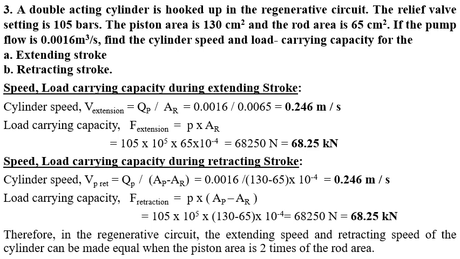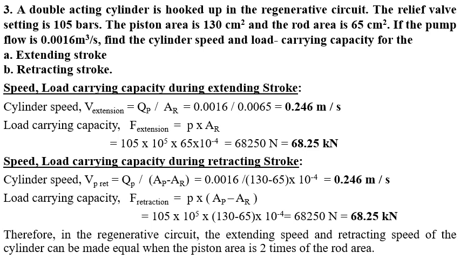Now we will move on to the retraction stroke. Speed and load carrying capacity during a retracting stroke. V retraction equals pump flow rate divided by annulus area. Here 0.0016 divided by 130 minus 65 into 10 to the power of minus 4. Simplify this one, we will get 0.246 meter per second.